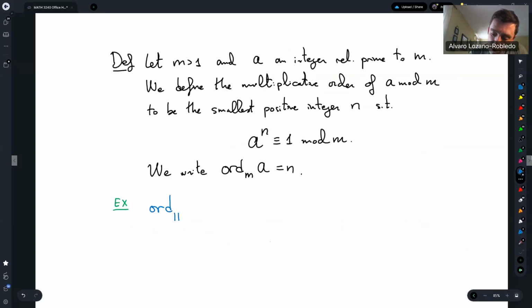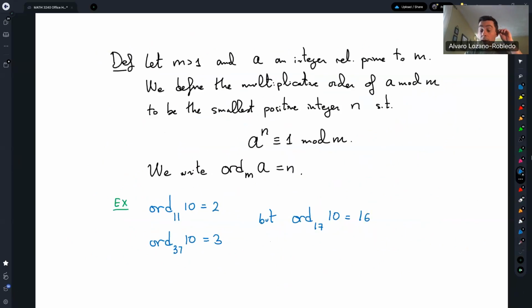The order modulo 37 of 10 was 3, but the order modulo 17 of 10 is 16.